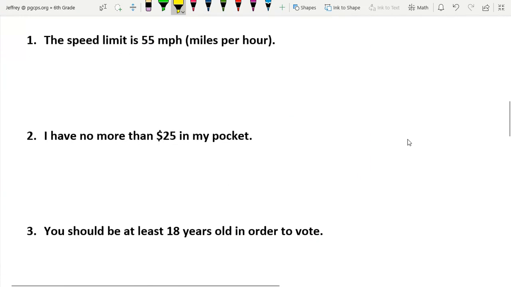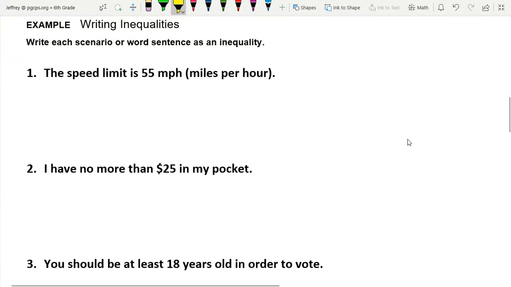In our first example, it says you need to write each scenario or word sentence as an inequality. Number one says the speed limit is 55 miles per hour. When you say speed limit, what does that mean? Do you go over 55 miles per hour or is it under 55 miles an hour?